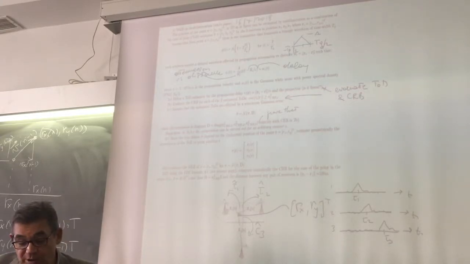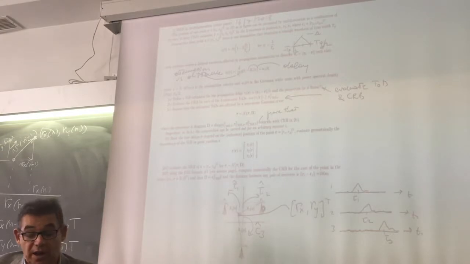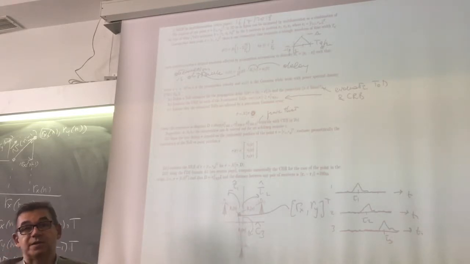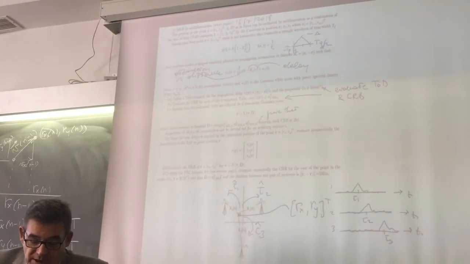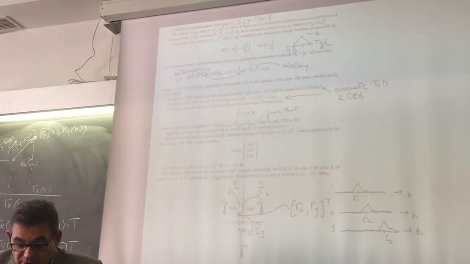Because of the uncorrelation, the Cramér-Rao bounds are disjoint, and then the estimated values have a covariance matrix that is diagonal. Now, the computations of 2A, 2B, and C can be carried out for an arbitrary receiver. So keep a receiver wherever you like.